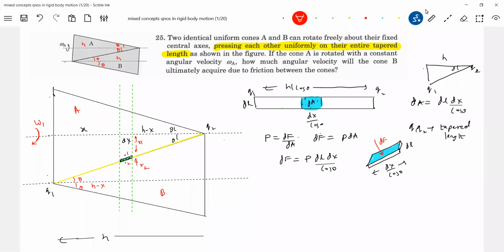The radius at the other point, let it be R2. How should the friction act at point 1 on this particular strip? Say the velocity of point 1 will be into the plane, so the friction should act out of the plane. Friction should oppose relative motion.